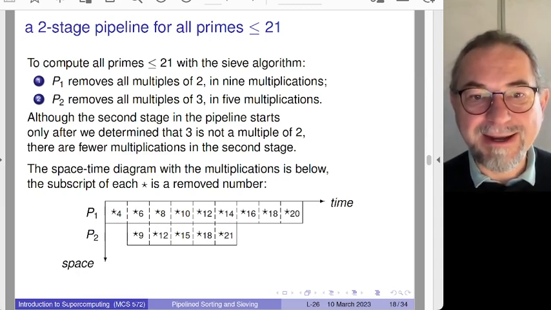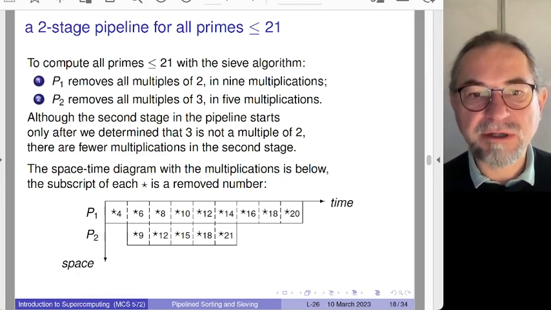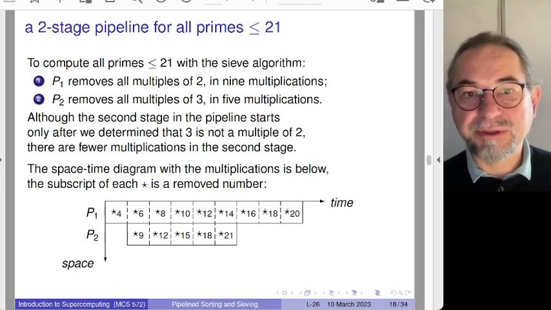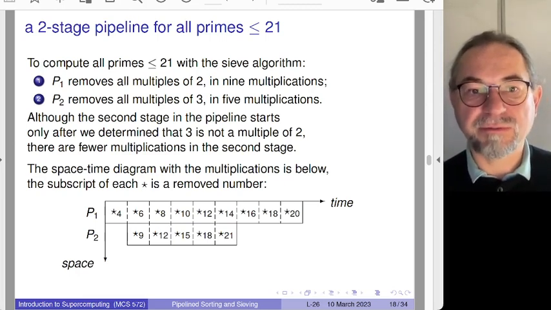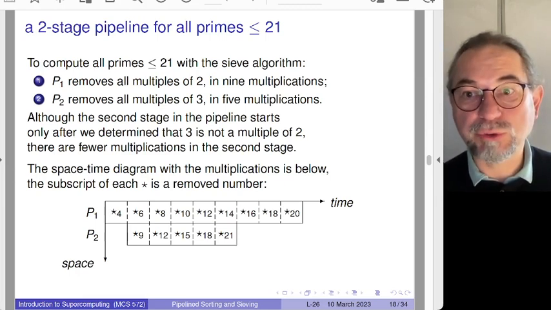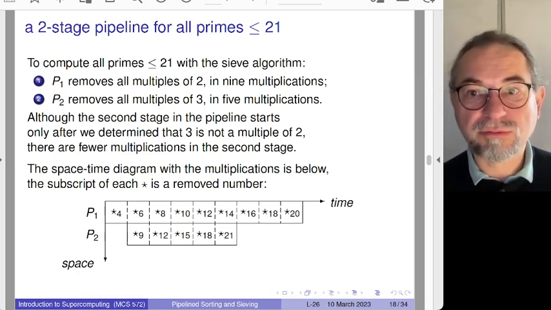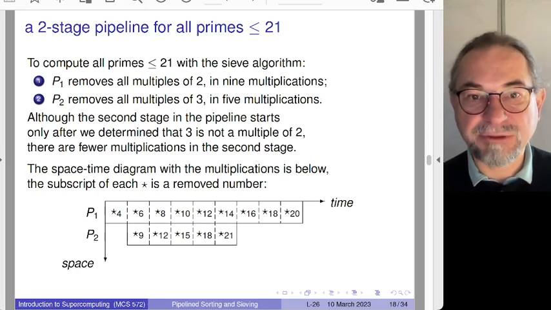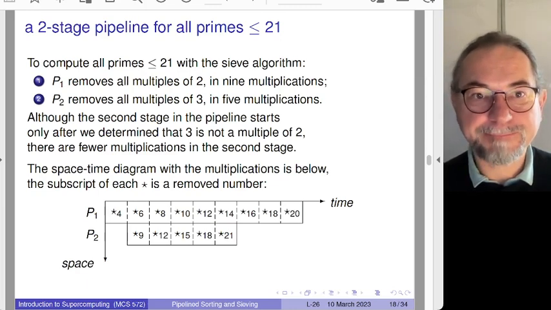If we count all the boxes, the first processor does 9 multiplications, does 9 wipes out. The second processor does 5, so total 14, and this can be done in 9 steps instead of 14. So we have a speed up already here.